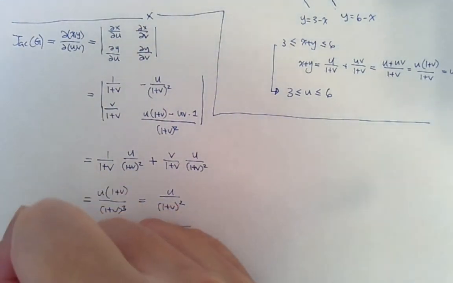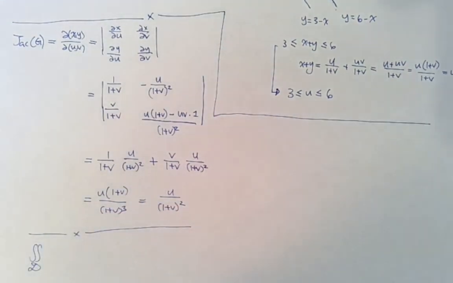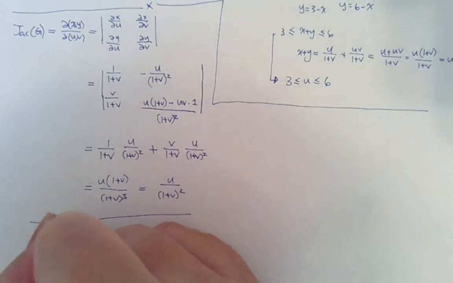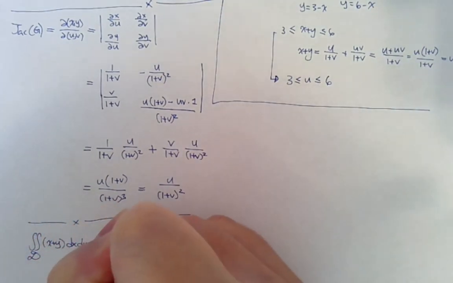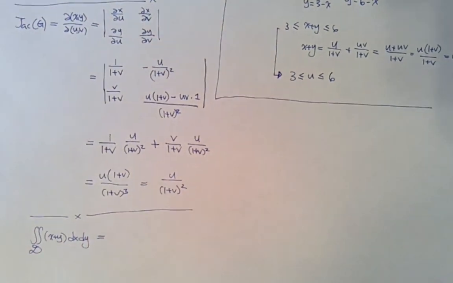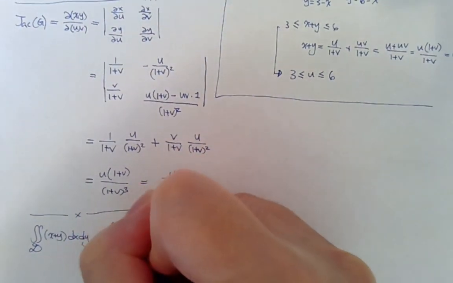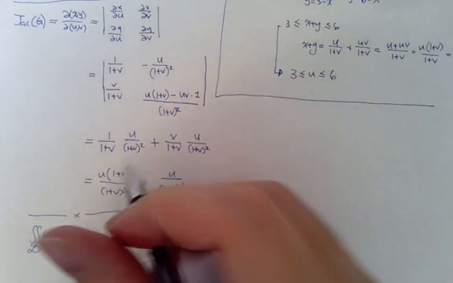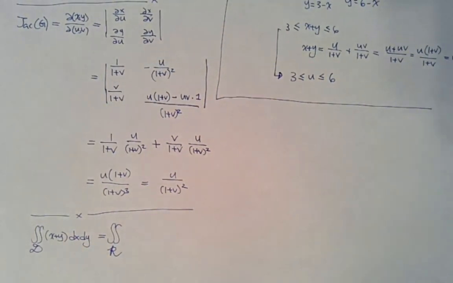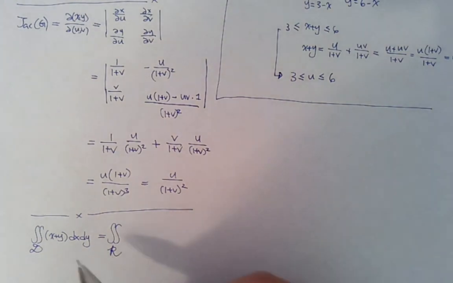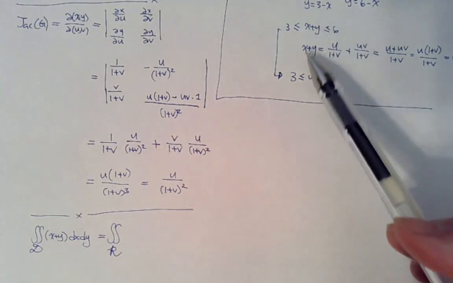So the double integral over D of x plus y dx dy is equal to, by our change of variables formula, a double integral over the rectangle, and then we need to write x plus y in terms of u and v. Well, we already figured that out. x plus y is equal to u.